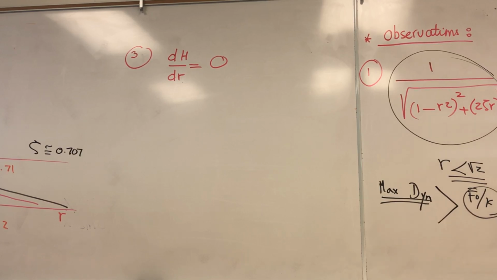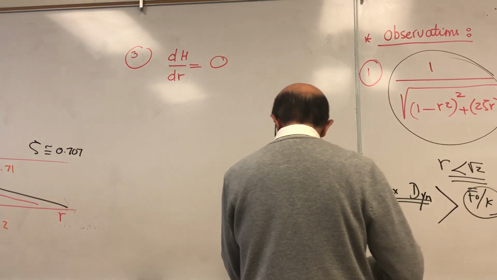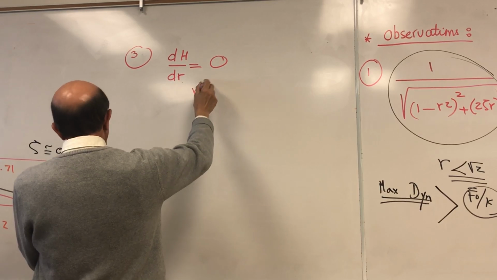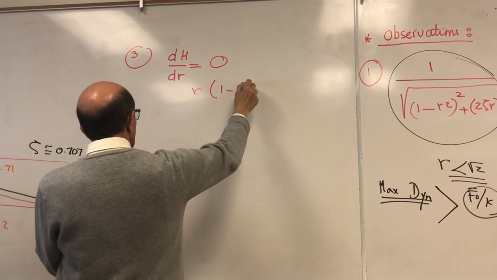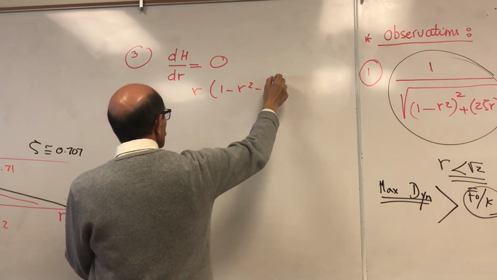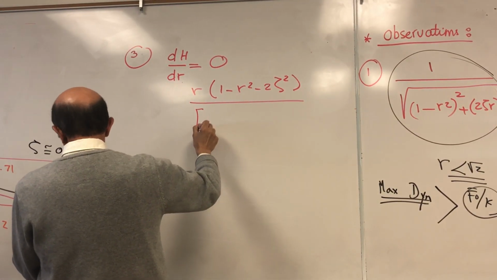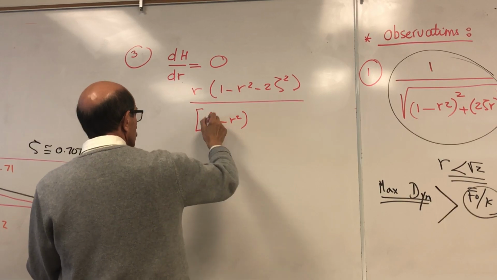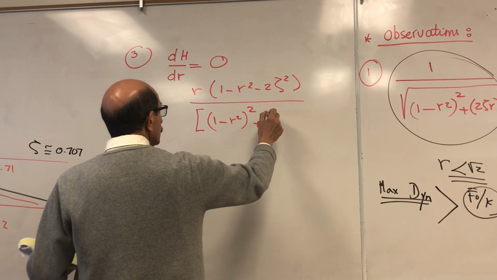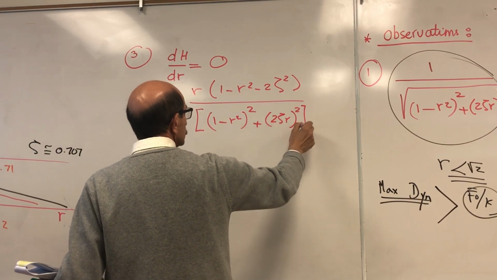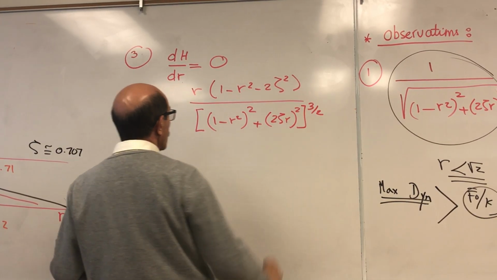So you get something like this. You get, okay, r times 1 minus r squared minus 2 zeta squared divided by 1 minus r squared plus 2 zeta r squared to the power of 3/2.